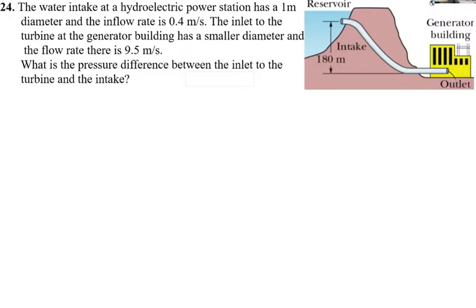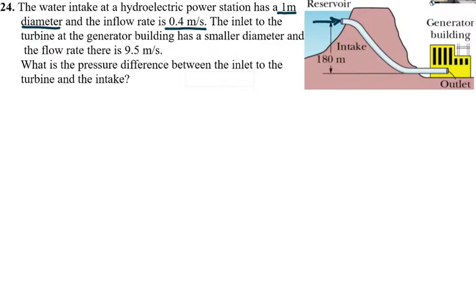In this question, they say the water intake at a hydroelectric power station has a 1 meter diameter, and the inflow rate is 0.4 meters per second. So the inflow is the velocity at which it comes in. So we have a 1 meter diameter, and the velocity is given.